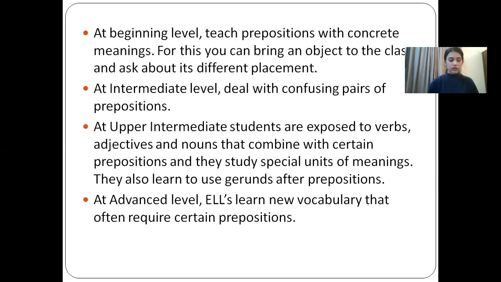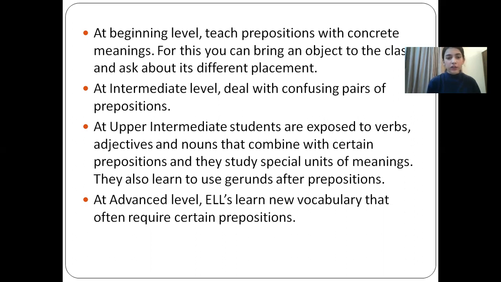Now at upper intermediate, students are exposed to verbs, adjectives, and nouns that combine with certain prepositions, and they study special units of meaning, like phrases such as fall in love with someone.